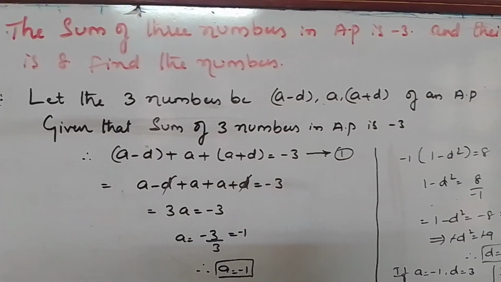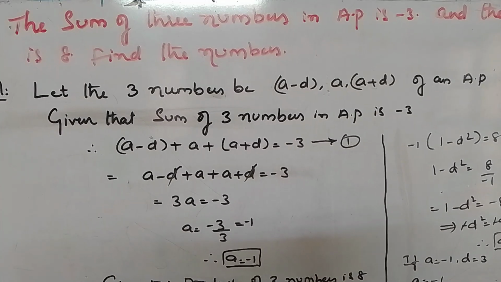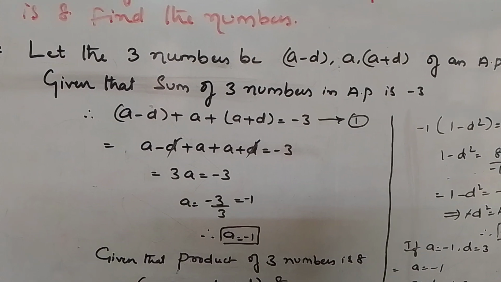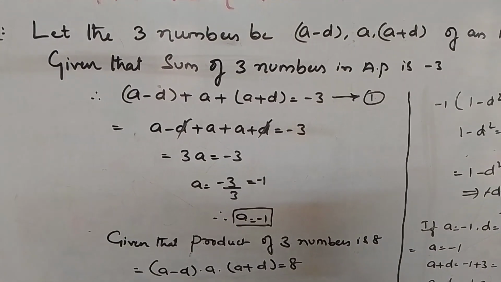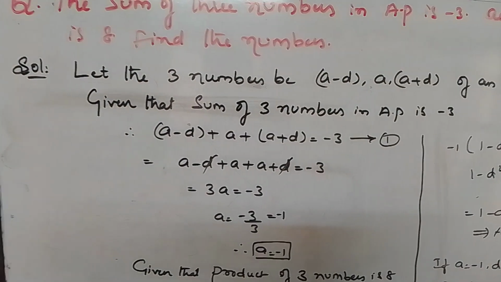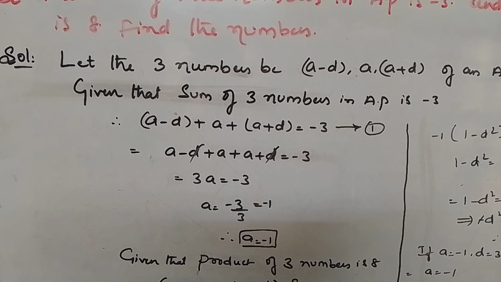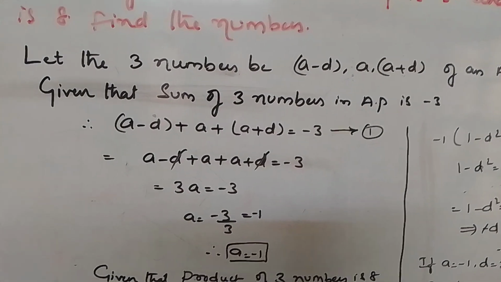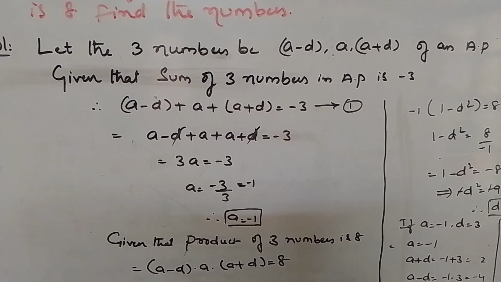Let the three numbers be a minus d, a, a plus d. Why have we taken a minus d, a, a plus d as standard? Because those are the least numbers, the starting numbers. If you are trying to draw a graph of a pair of linear equations, we take minimum values for drawing the graph.